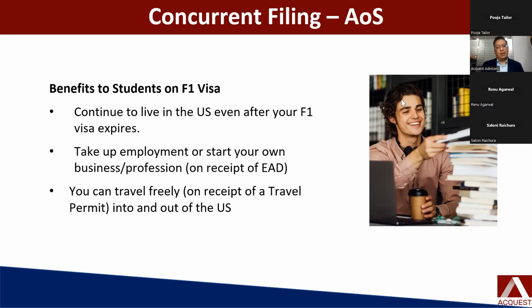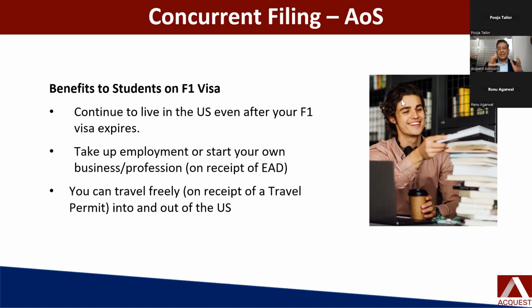We had a client whose child was studying in one of the top universities in the US. They had made an application for EB-5 in the year 2019, and they were waiting for the application to be approved. In the meantime, the child could not get the visa extension to continue to be in the US after his education was over, and he was graduating. After graduating, he was required to come back.